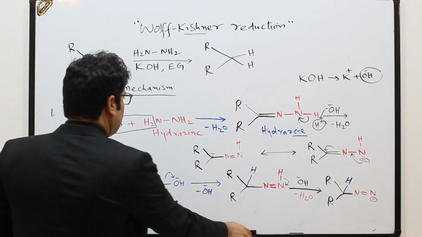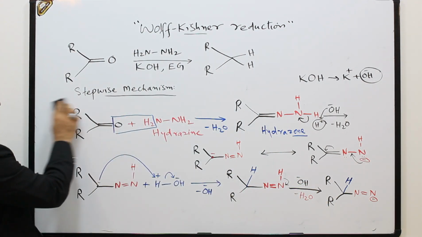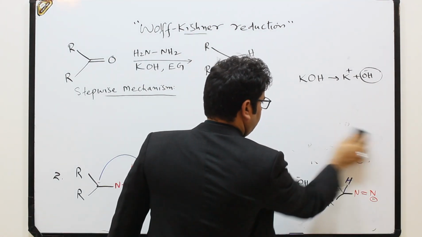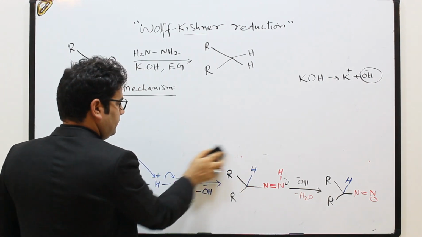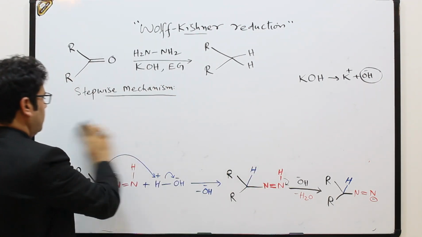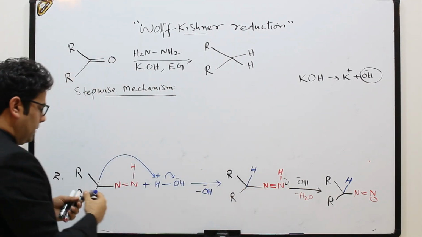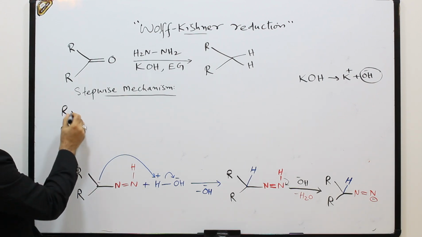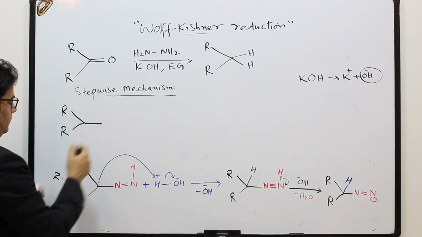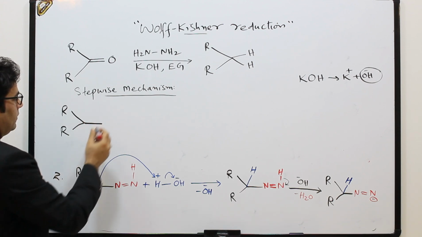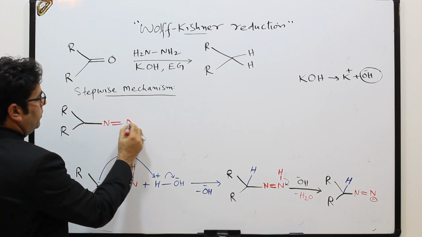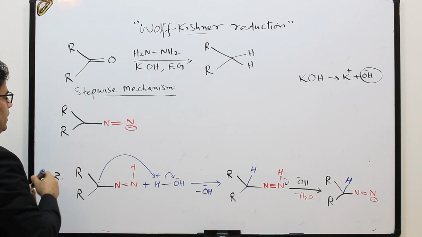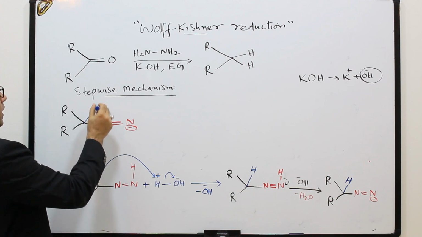Now in step number 3, let me clean step number 1. In step number 3, we have here N double bond N, there is a negative charge also. So here we have hydrogen.